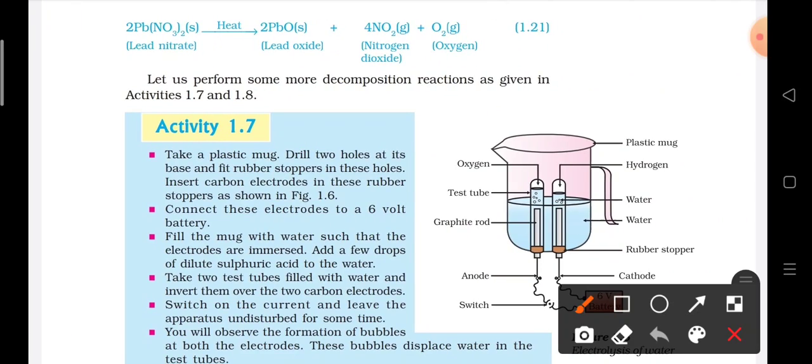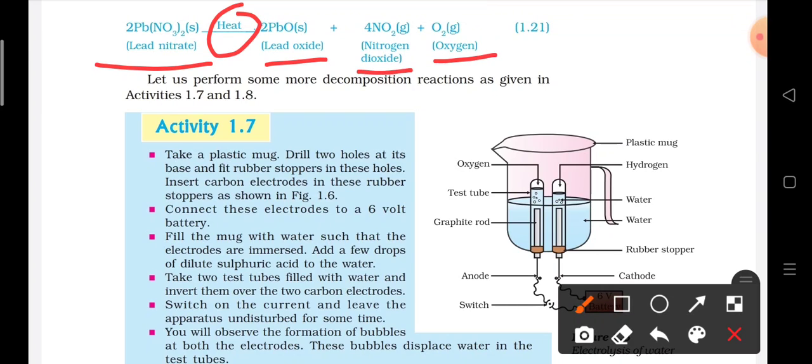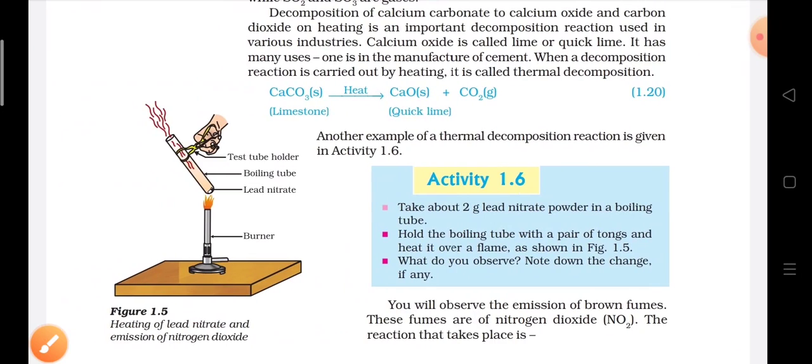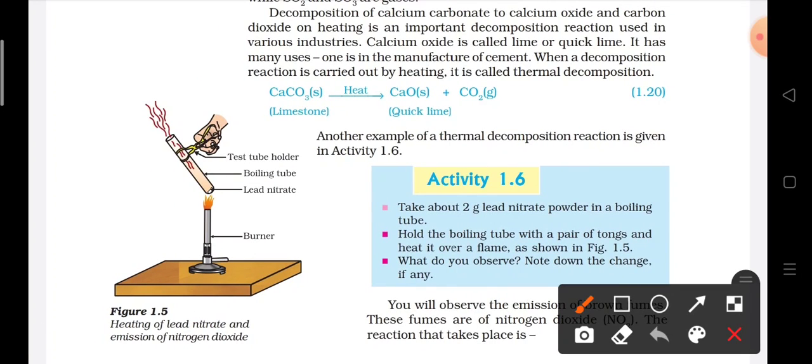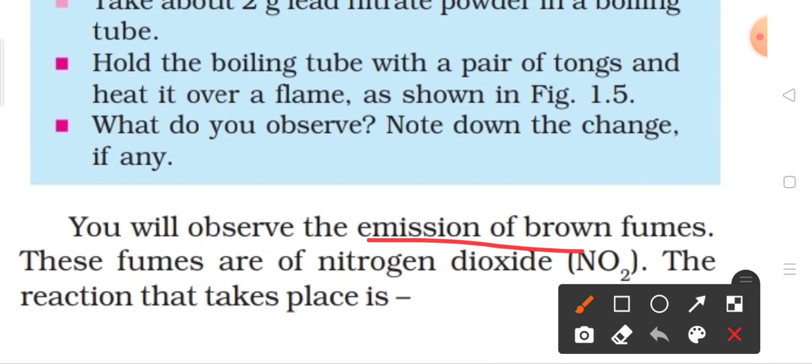Now we will discuss one more decomposition reaction, where lead nitrate is heated and leads to the formation of lead oxide, nitrogen dioxide, and oxygen. Now this nitrogen dioxide is of reddish brown color. It is also written over here, you can mark: emission of brown fumes.